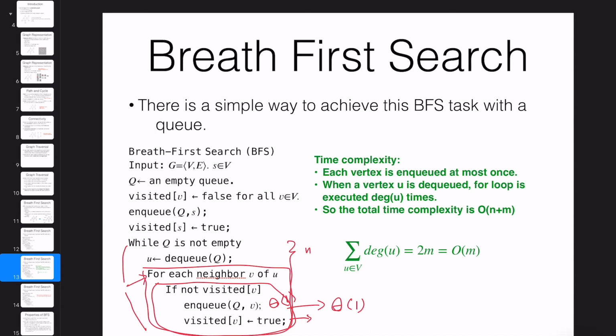They might be connected to all other nodes, or they might be connected to just one other node. But I can calculate how many times in total this inner part is going to be executed.